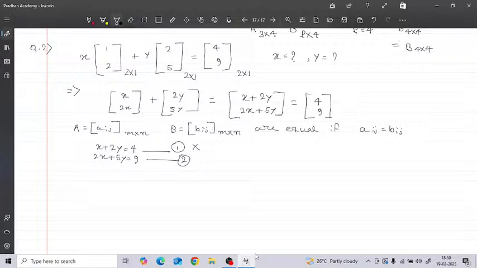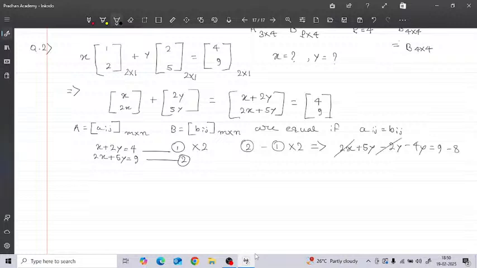Now multiply 2 with equation number 1. We will solve it using the elimination method and subtract it. So equation 2 subtract equation 1 into 2. We will get 2x plus 5y, and subtracting this we will get 5y minus 4y, 9 minus 8.